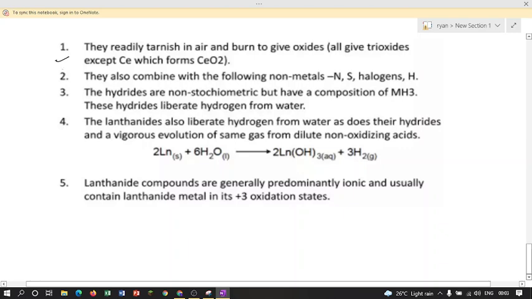Second point, they also combine with the following nonmetals: nitrogen, sulfur, halogens, etc. Next point, lanthanides also liberate hydrogen from water, as do their hydrides, with vigorous evolution of the same gas from dilute non-oxidizing acids. Next point, lanthanide compounds are generally predominantly ionic and usually contain the lanthanide metal in its +3 oxidation state.